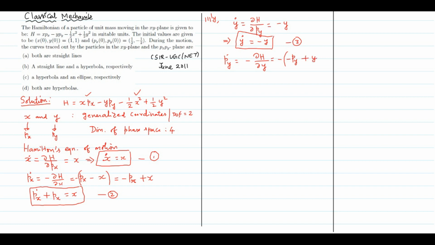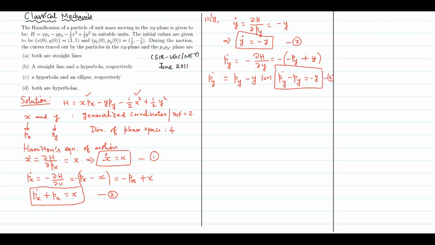So py dot is equal to py minus y, or py dot minus py gives you minus y. You call this equation number 4.